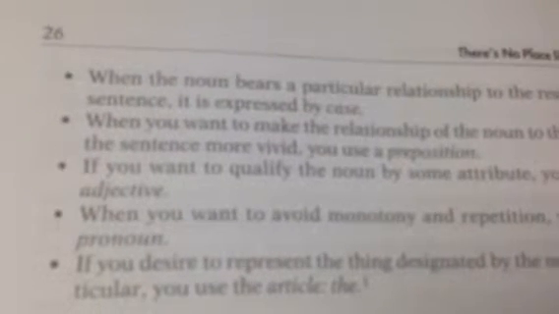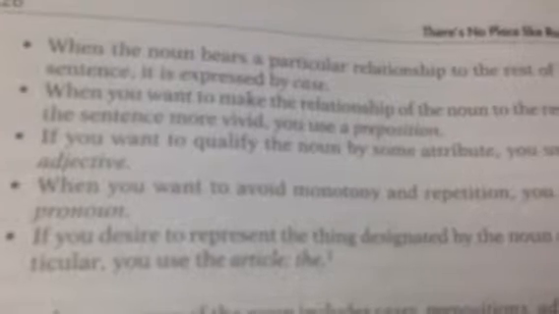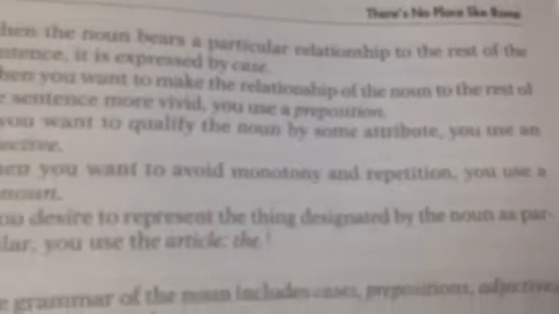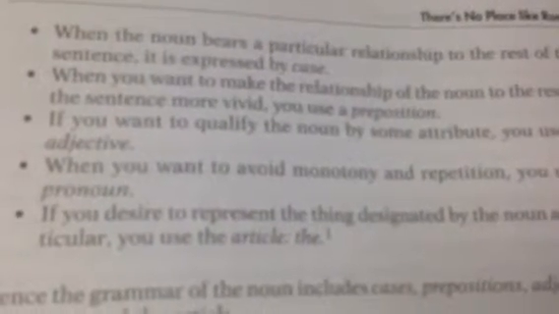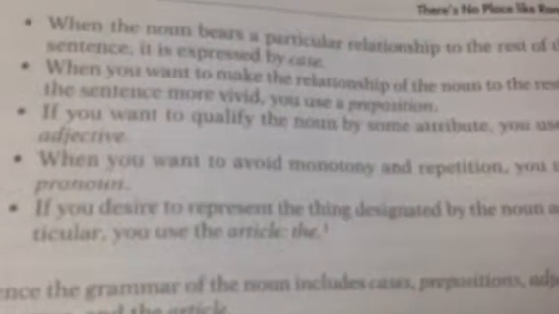And of course we have that: nominative, genitive, dative, and accusative. When you want to make the relationship of the noun to the rest of the sentence more vivid, you use a preposition, because we have some of it built in already into the genitive and the dative. But if you really want to bear it out, then you use a preposition.